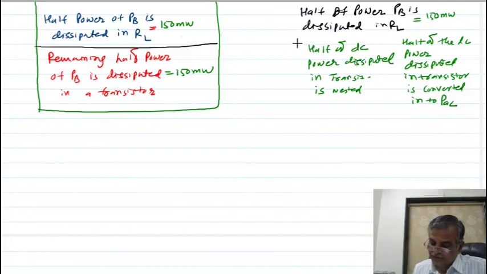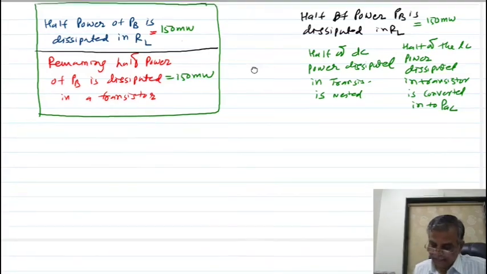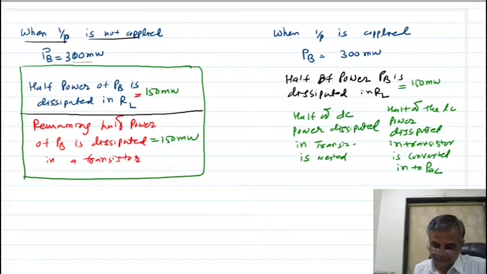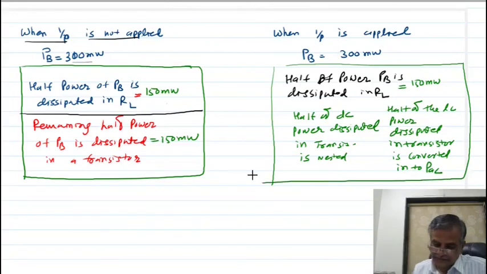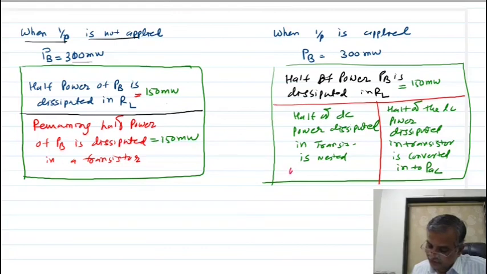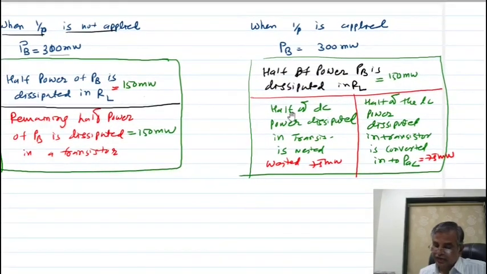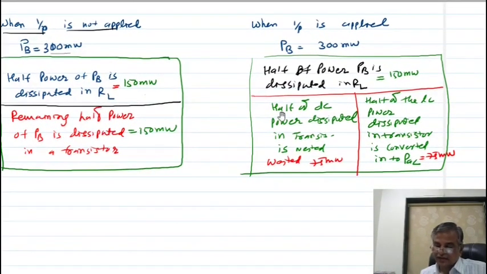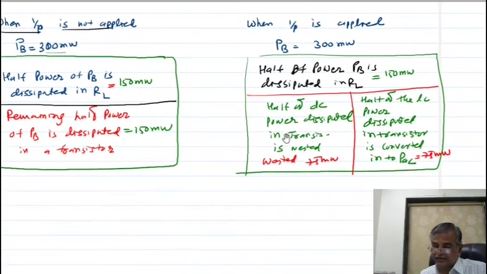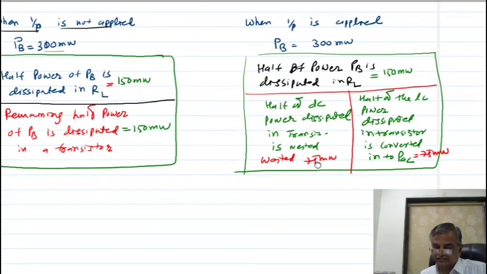Means I want to say like this: see here, how much is wasted? 75 milliwatt. How much is converted? 75 milliwatt AC power. Half of the DC power dissipated in the transistor is wasted. This is the wastage.